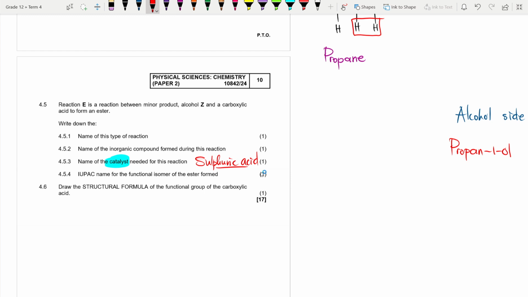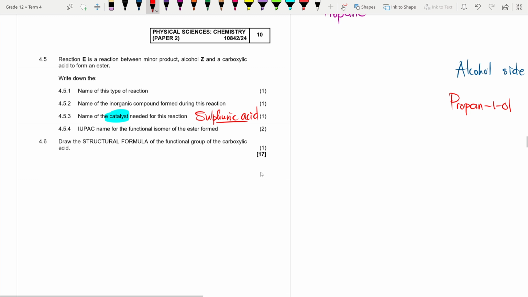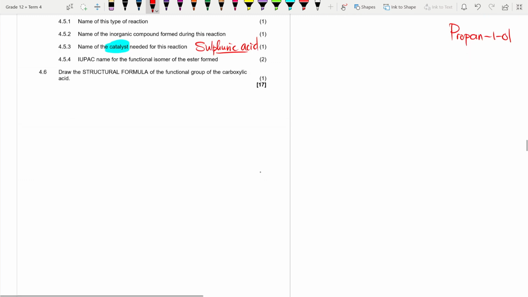4.5.4, the IUPAC name of the functional isomer of the ester formed. Okay, now this is an interesting question. IUPAC, the isomers and functional group isomers, we have these groups. We have ketone, aldehyde. I'll come back and redo these things because now I'm really trying to speed up.